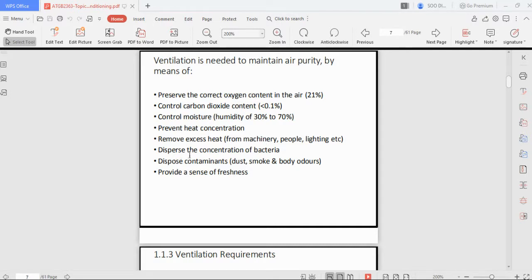Then the next is dispersion: disperse the concentration of bacteria and dispose of contamination. And the last one is to provide a sense of freshness. So in a room, if it's not ventilated properly, then the air will turn stale.